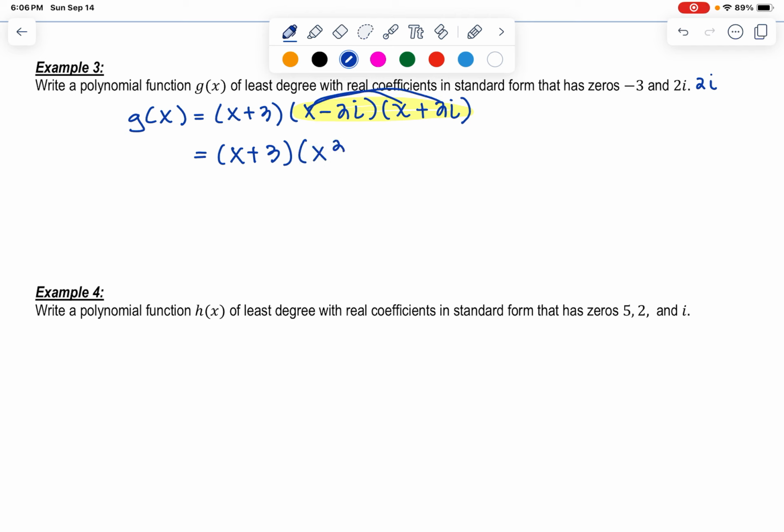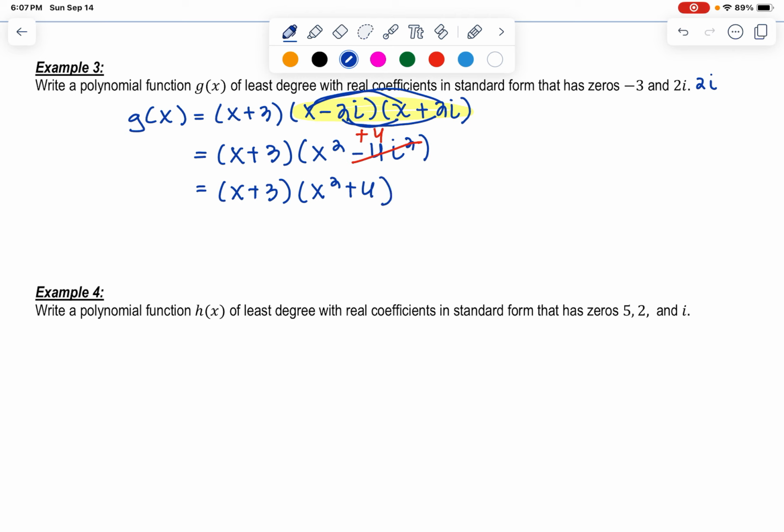This is 2ix, and this is negative 2ix. Remember, those cancel. And then I have negative 2i times positive 2i, which is negative 4i squared. And then negative 4i squared is the same thing as plus 4. So now I have x plus 3 times x squared plus 4.